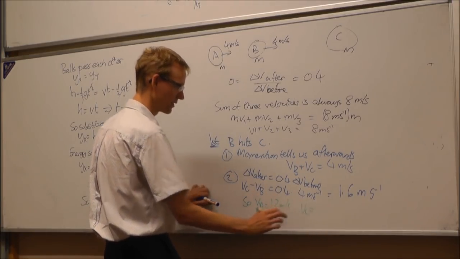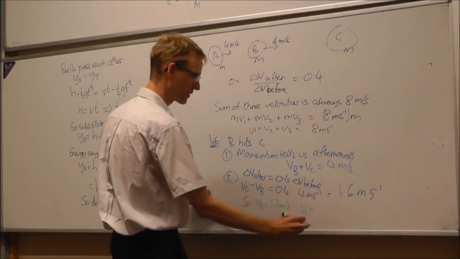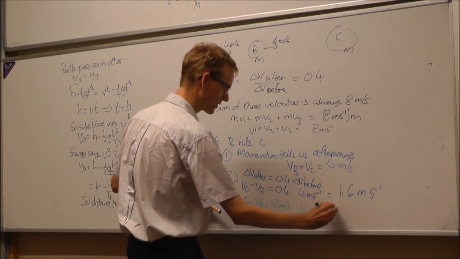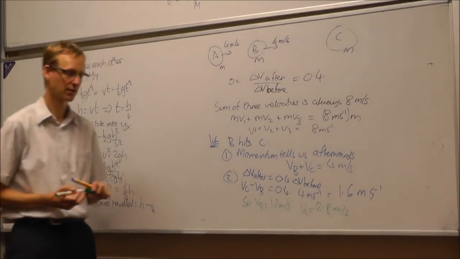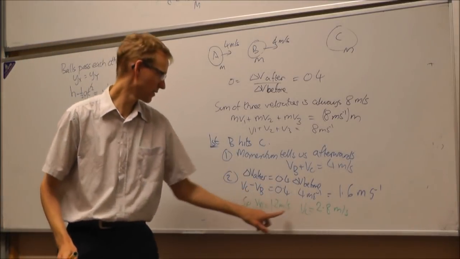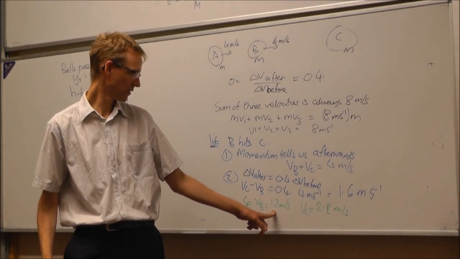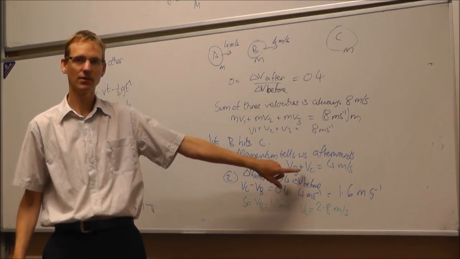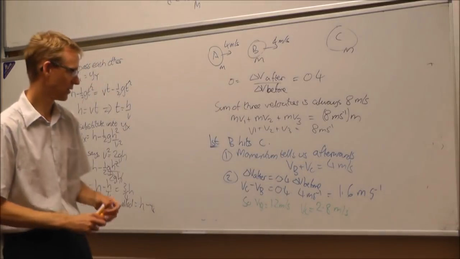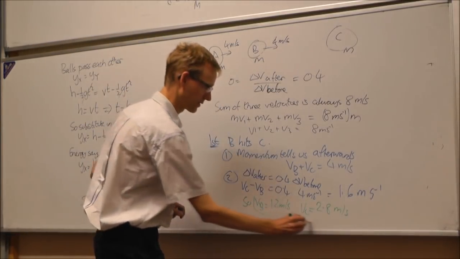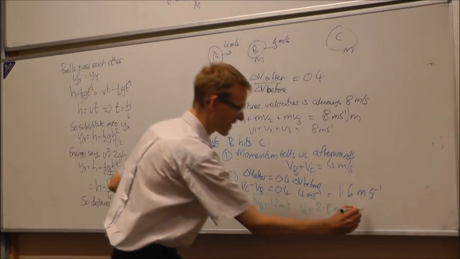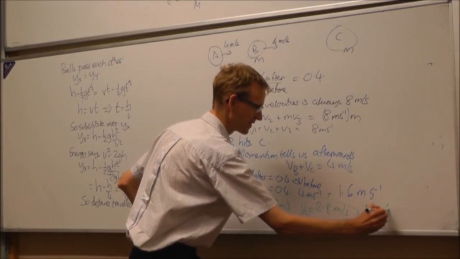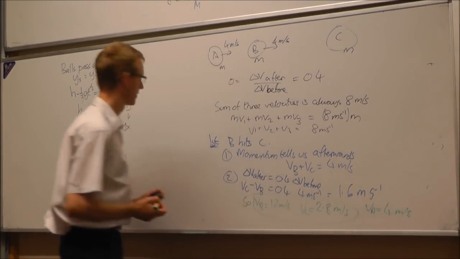VC is 1.2 plus 1.6, which is 2.8 meters per second. So the sum is 4, and the difference is 1.6, which is 0.4 times 4.